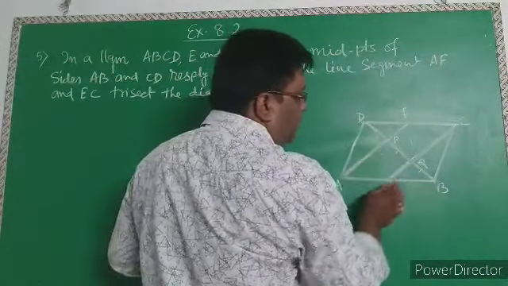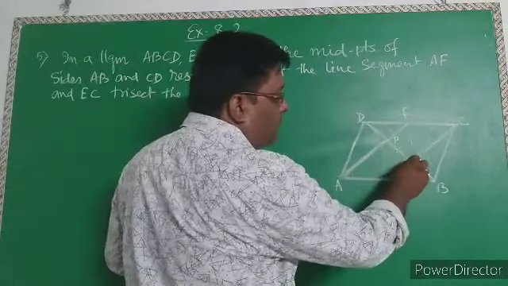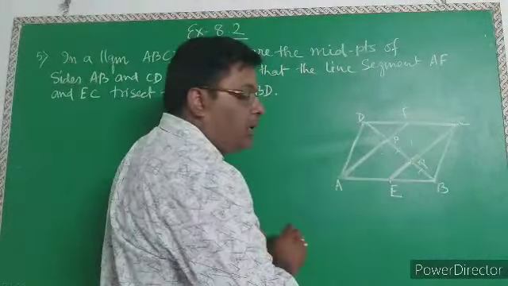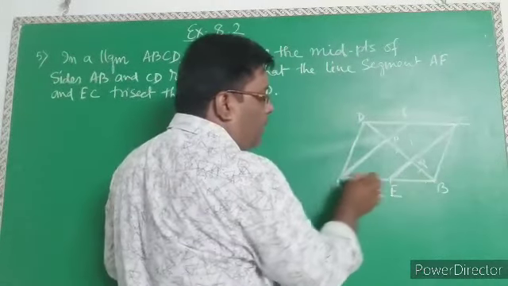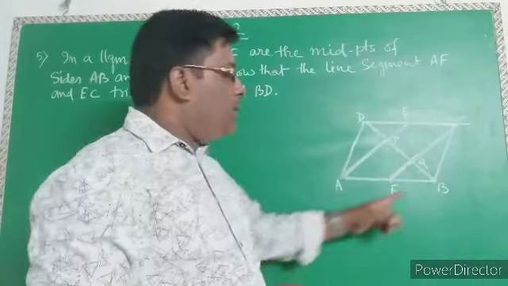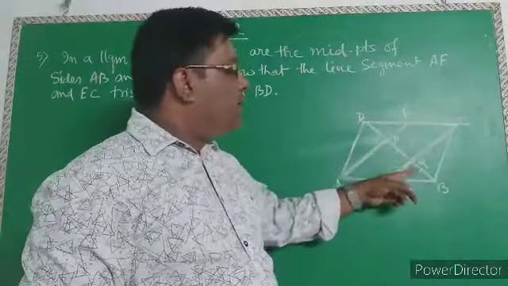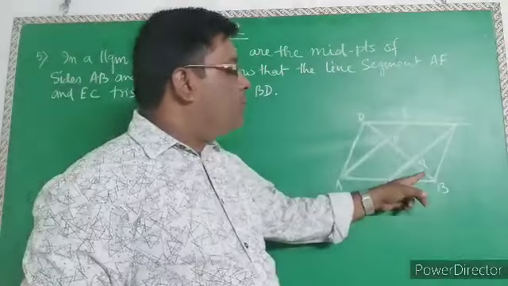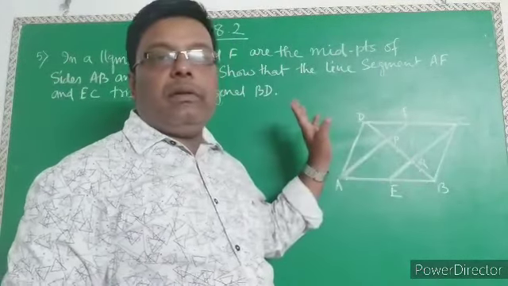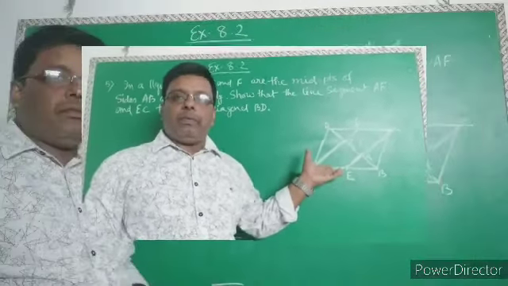Here, AB is parallel to EQ, and E is the midpoint of AB. Therefore, Q is the midpoint of PB. That means PQ and QB are equal. So from these two we get PQ is equal to DQ is equal to DP. So this is the proof, a simple proof.